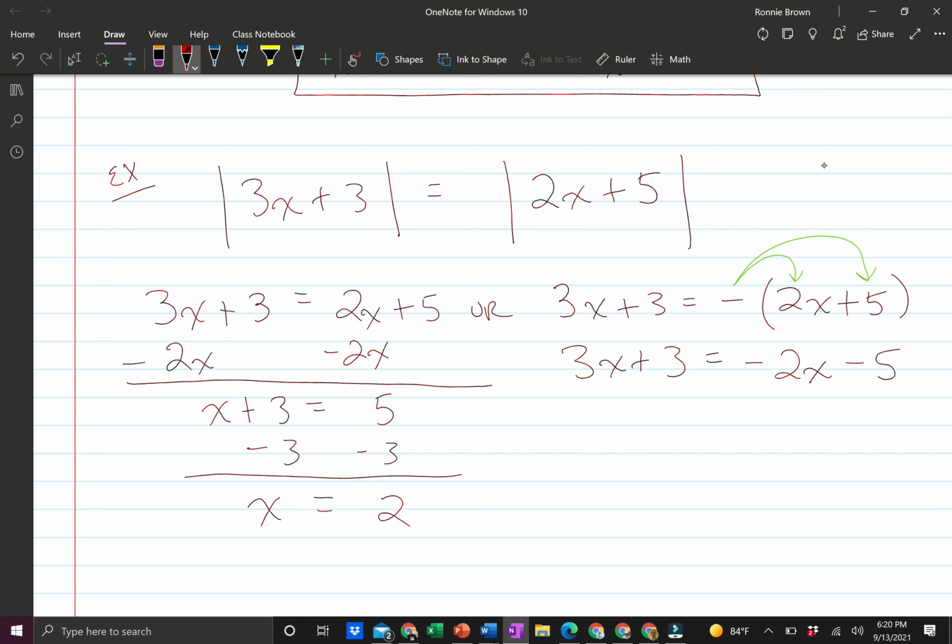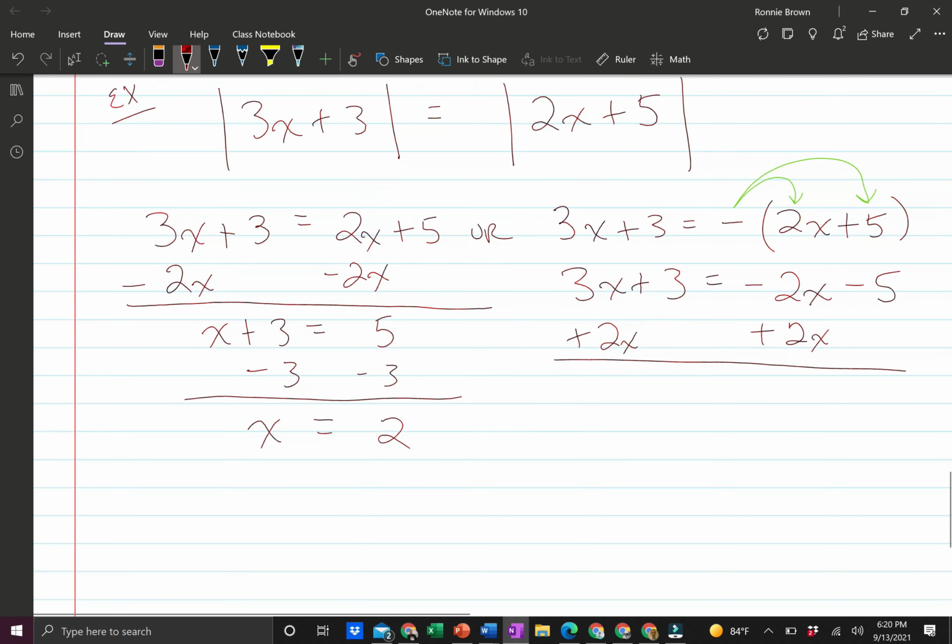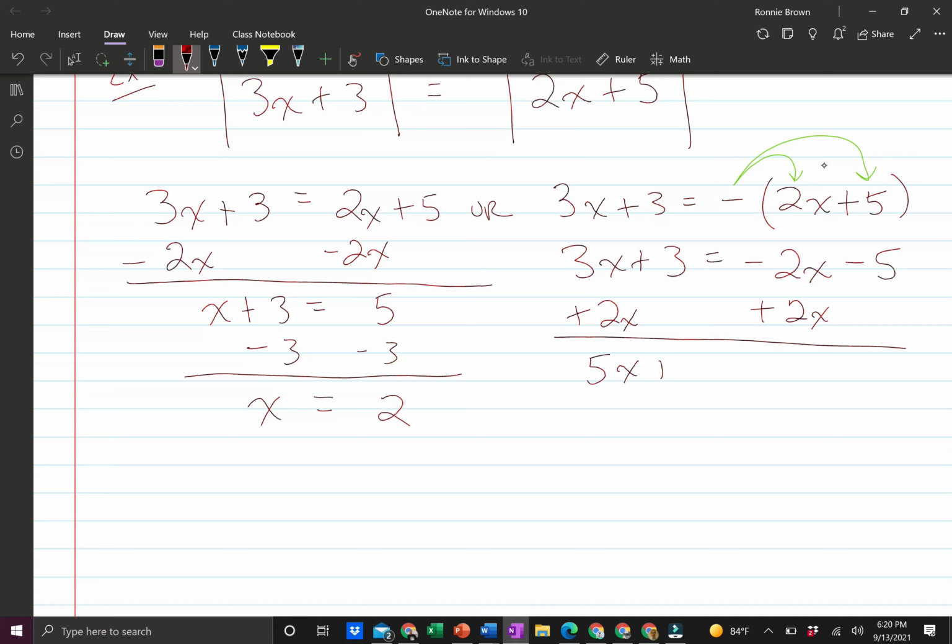And now we go ahead and solve it the way we know. So we're going to add 2x to both sides. So then that'll get us 5x plus 3 equals negative 5. We need to get the 5x by itself, so I'll subtract 3 from both sides. So we get 5x is equal to negative 8.